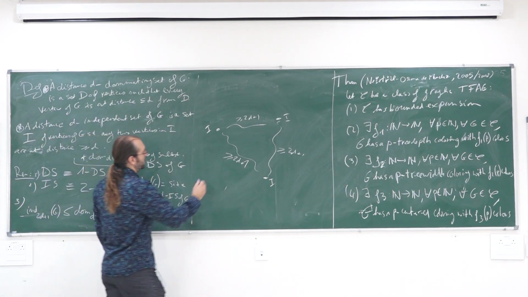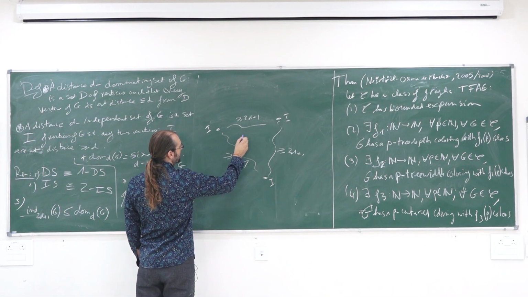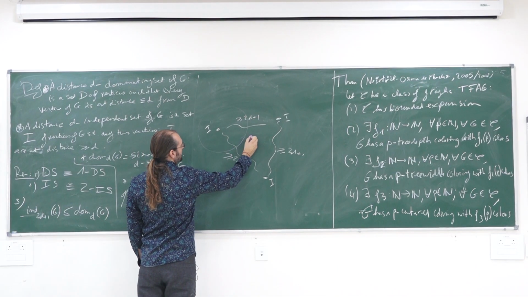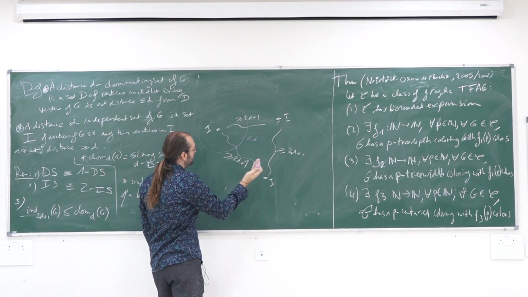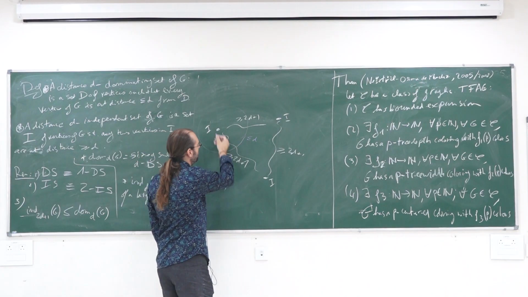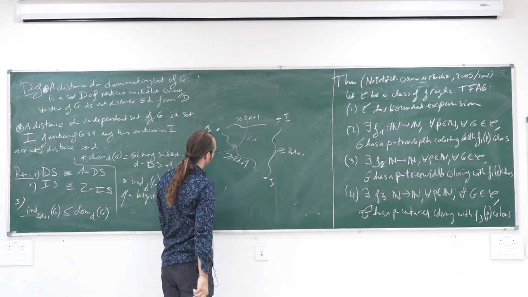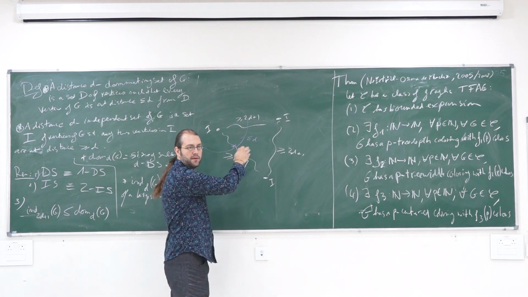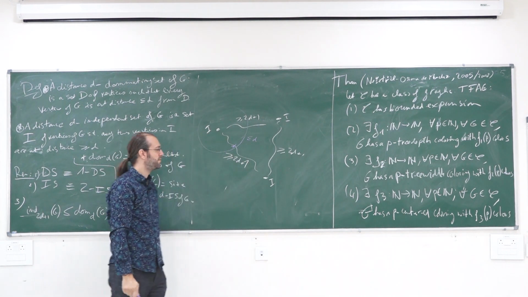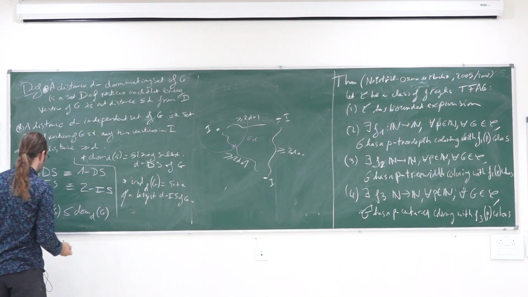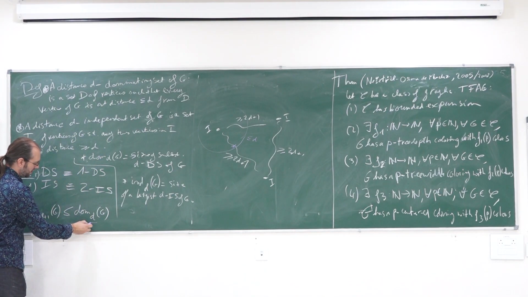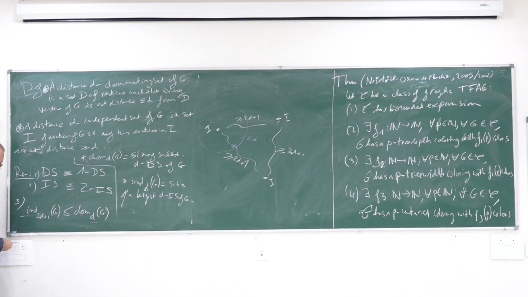Because if you draw the ball of radius d, to dominate this vertex you have to be inside that ball. But then you will have distance at least d plus 1 to the other one, so you cannot dominate it. That means any dominating set at distance d is at least the size of an independent set at distance 2d plus 1.